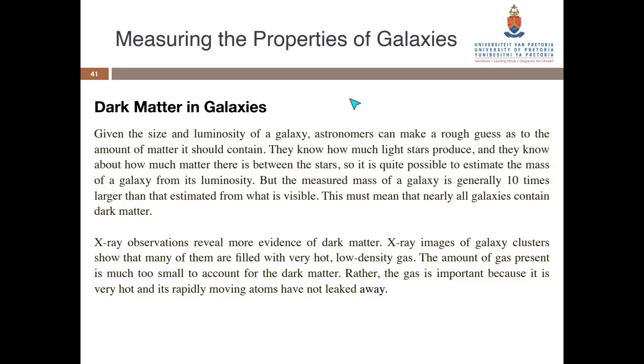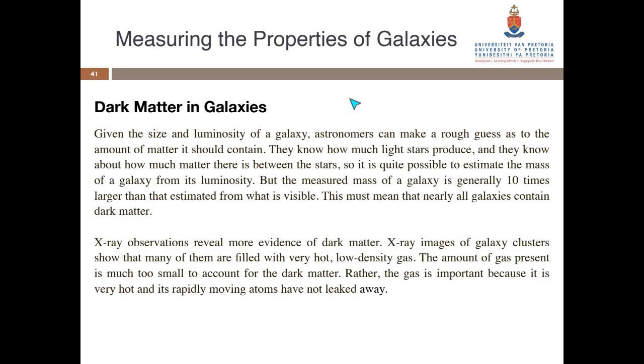And to have a high enough escape velocity to hold the hot gas, the clusters must contain much more matter than what astronomers can observe directly. The detectable galaxies in the Coma cluster, for instance, amount to only a small fraction of the total mass of the cluster. So here we can see the gas in a cluster has a temperature of 100 million Kelvin. So what does this mean?